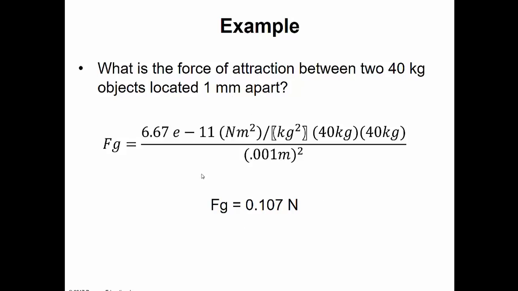And the force of attraction that each mass experiences is 0.107 newtons. Now, if I double one of the masses, then this would be twice as much. If I double both of the masses, it doubles twice. It's 4 times as much. If I double this distance, and keep the masses the same, the force will be 1/4 as much, etc.